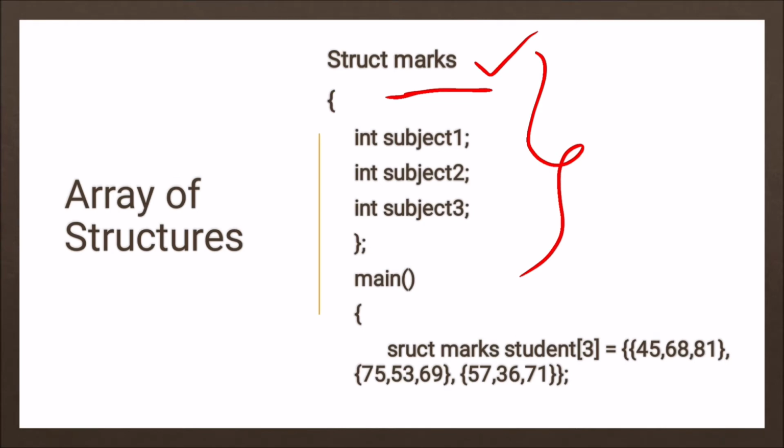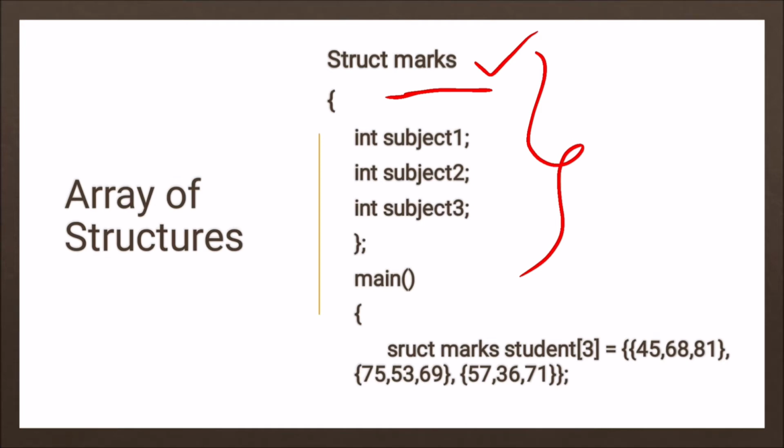In main, now we declare an array of structure. So struct marks student of 3. This is an array of structure, and we initialize the marks of the students. So 45 marks is assigned to student 1, subject 1.